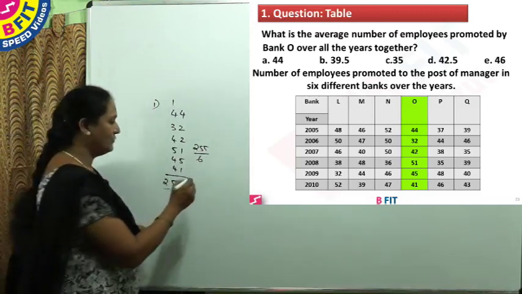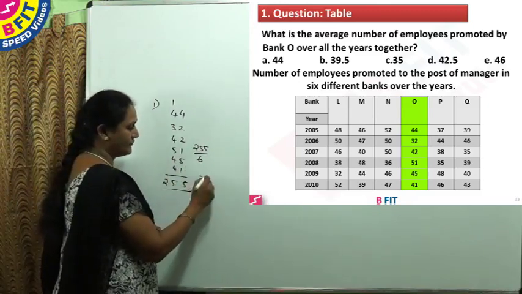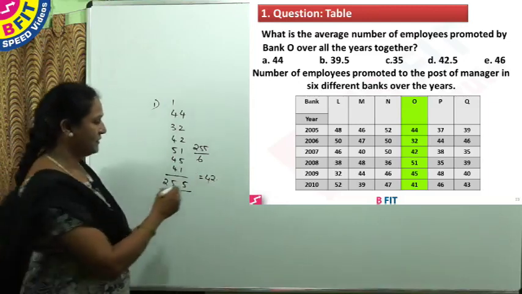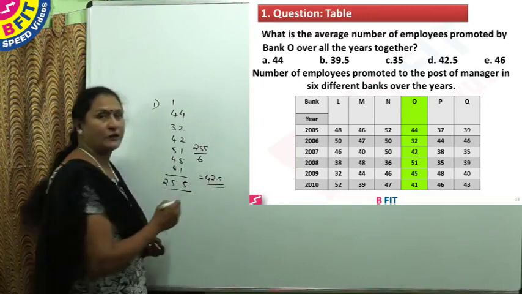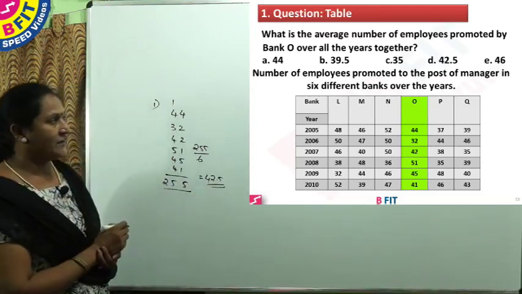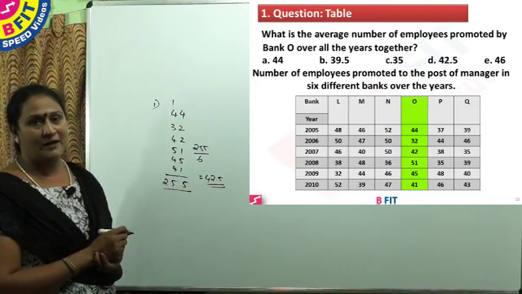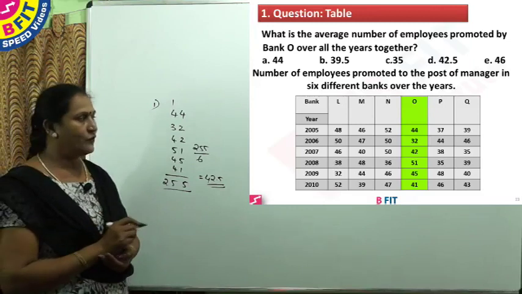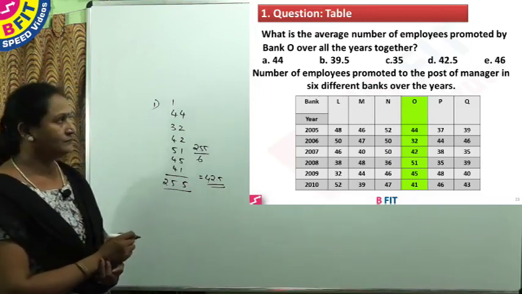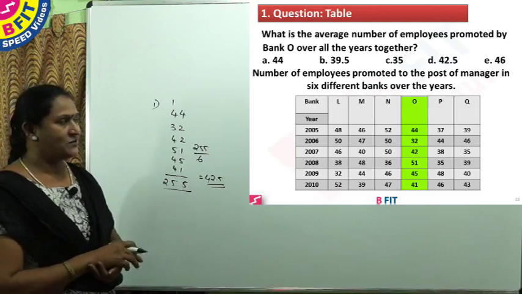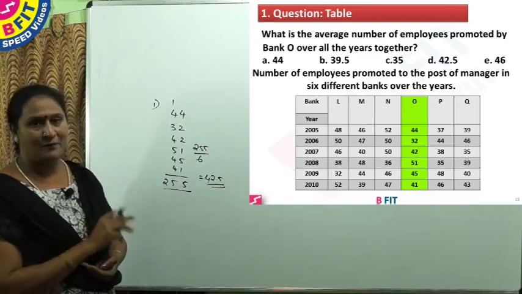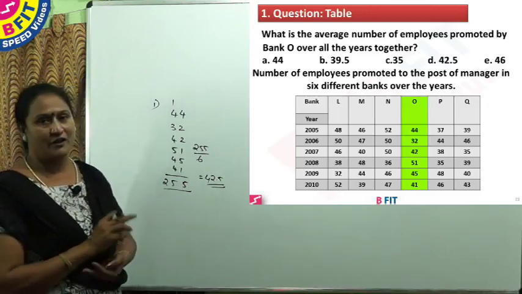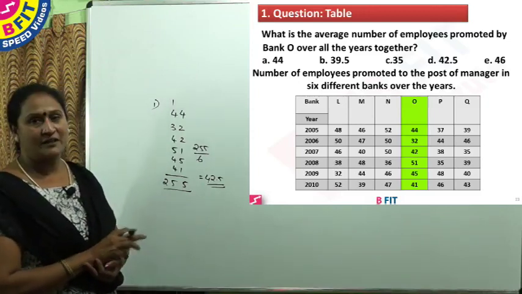Now what will be the value? 6, 4, 24, 12, 3 and 5. So 42.5 is the average number of employees promoted by Bank O over all the years, and the answer is option D, 42.5. As average is asked, we just add all the data for the required bank and divide by the number of terms.